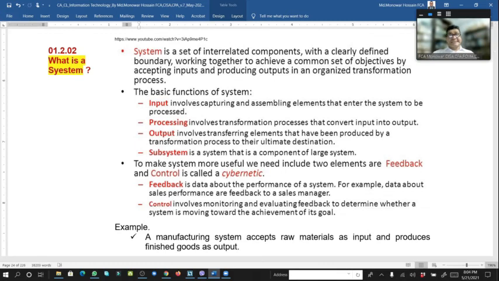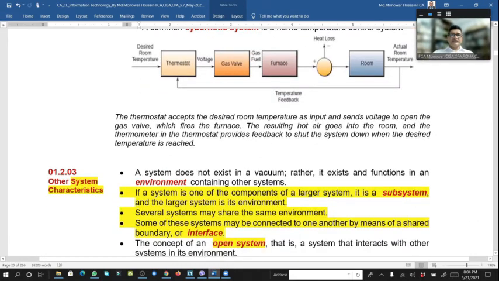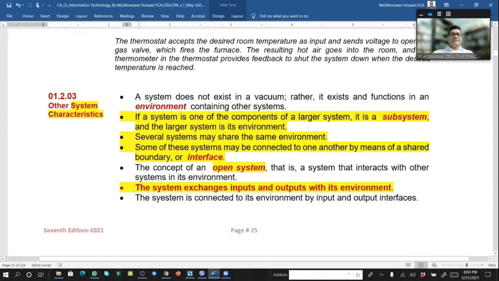We have seen the system has different types of function: input, processing, output, and feedback control. There are also subsystems, and a subsystem is a system that is part of a larger system.